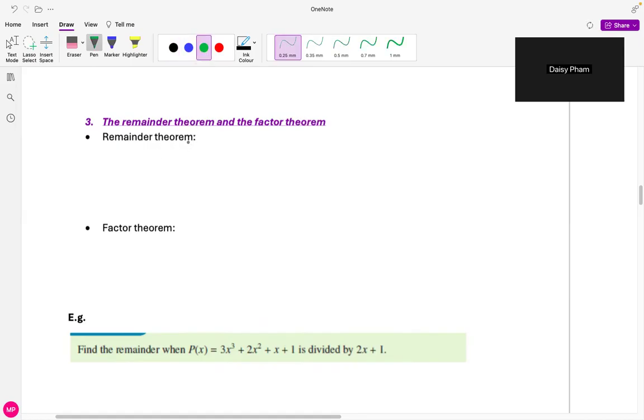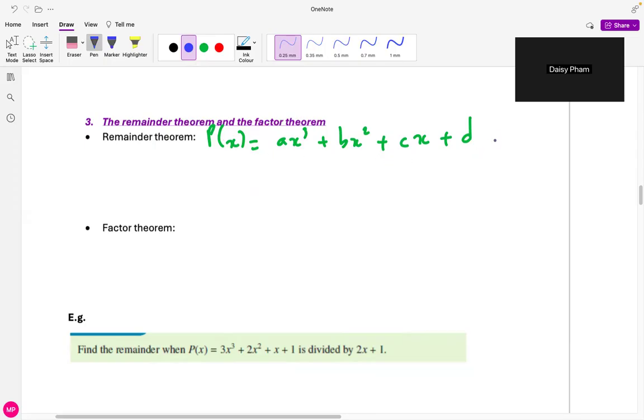Basically, the remainder theorem says that if you let p(x) equal ax cubed plus bx squared plus cx plus d, it doesn't have to be cubic. It can be any polynomial, could be quadratic as well.